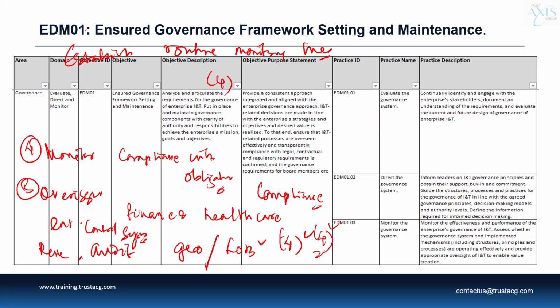It must be evaluated, directed, and monitored on an ongoing basis. Okay. So, this particular objective establishes a closed loop governance model where feedback from monitoring continuously improves the decision making and ensures IT continues to deliver sustained business value on a short to long term.